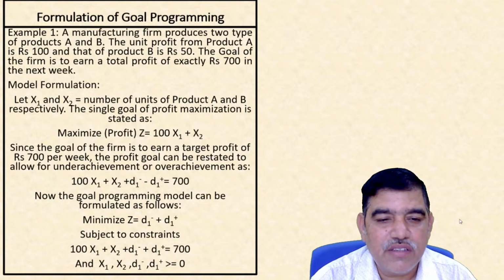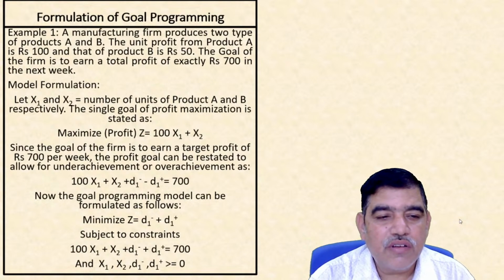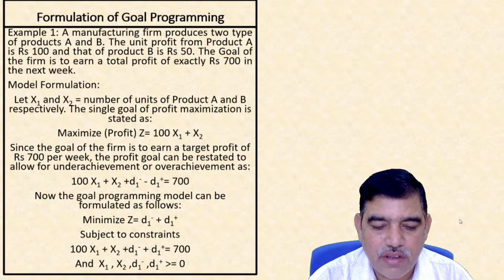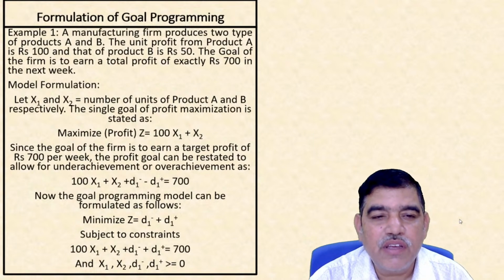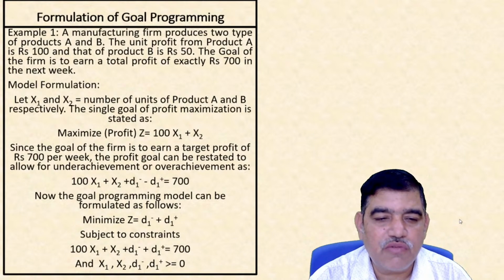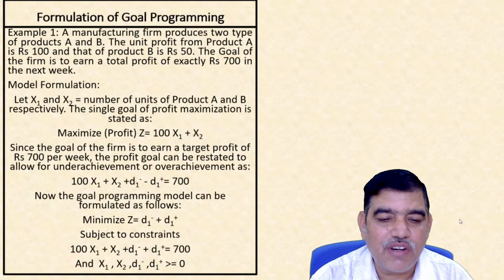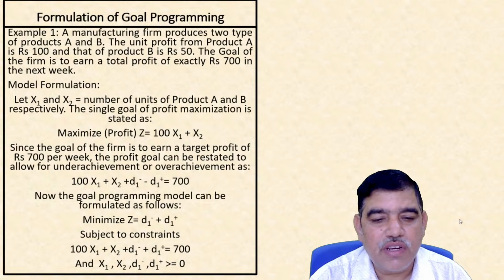So d1 minus is the underachievement and d1 plus is the overachievement. Suppose in a graph, you draw a straight line in the first quadrant. That means, as per our condition, x1, x2, d1 negative and d1 positive are greater than or equal to 0.